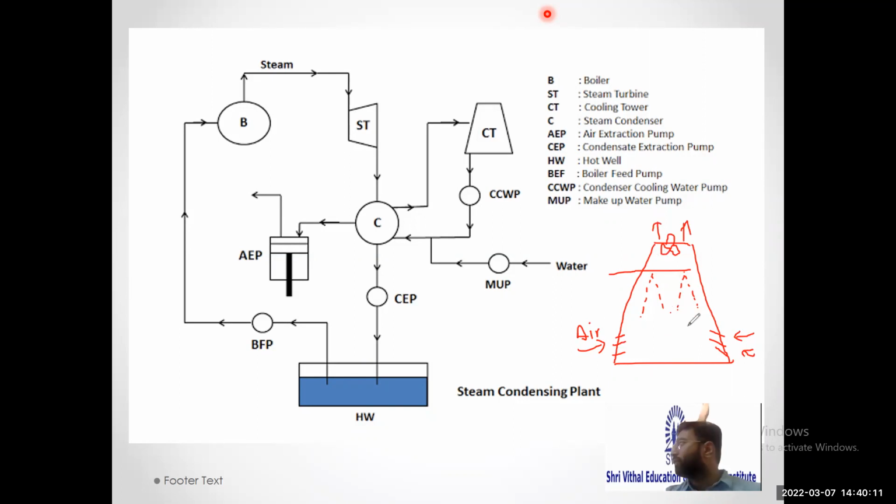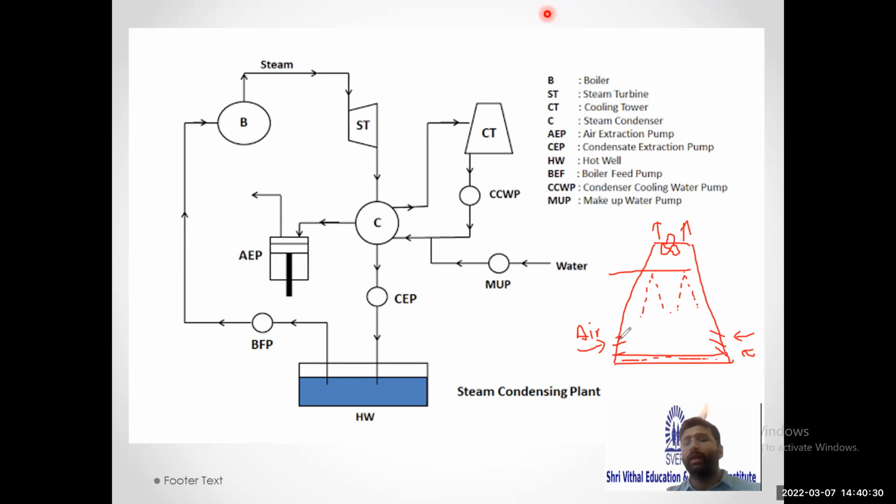In between, there is a heat exchange between air and water. Because of heat transfer, the water temperature reduces and this water is collected at the bottom. And this is cold water.